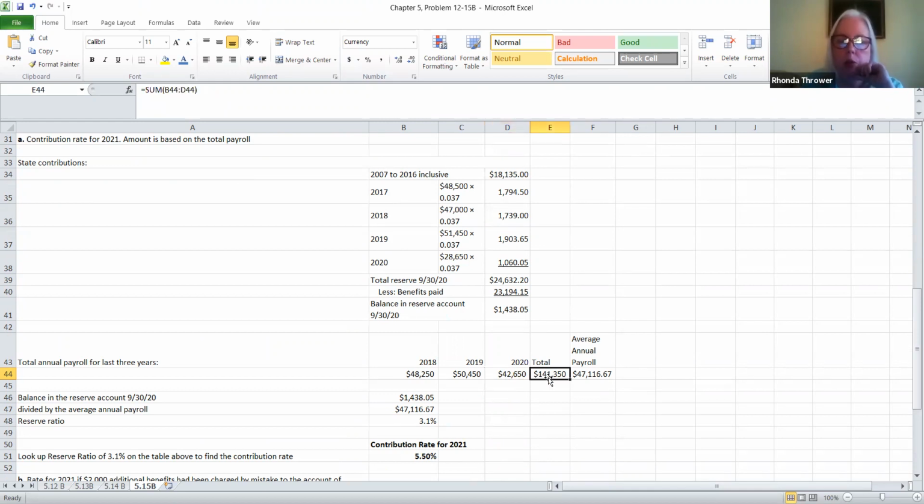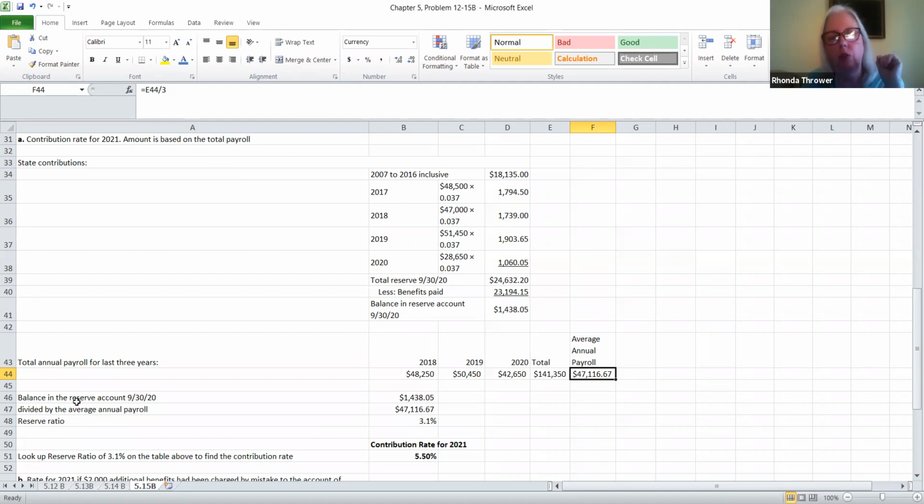You're going to total all 3 years, add all 3 years together, find a total, and then divide it by 3, and that's how we get the average annual payroll. So we take the total payroll for the 3 years combined, divide it by 3, that's your average annual payroll. We're going to put that in a formula to calculate the reserve ratio.